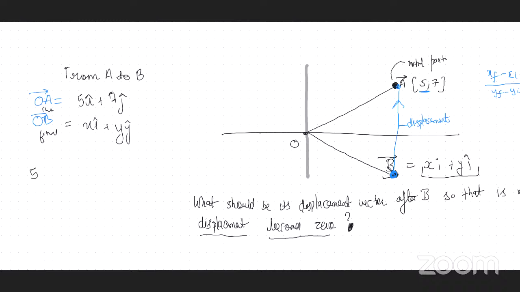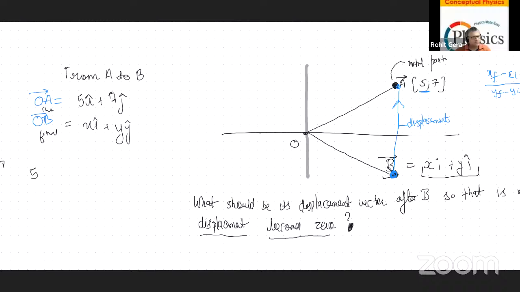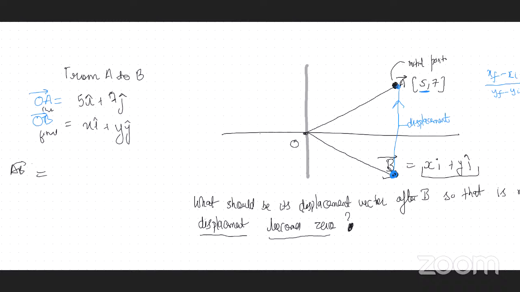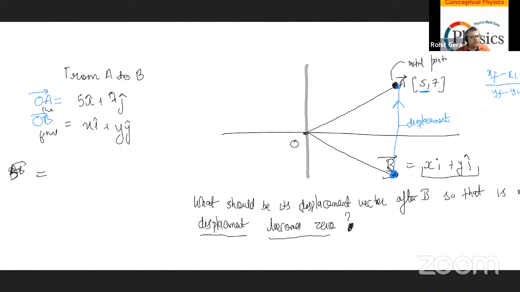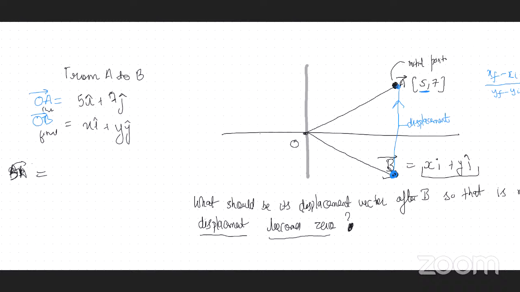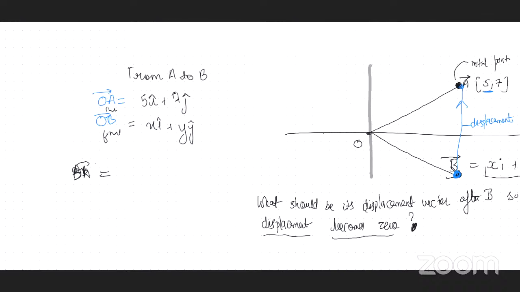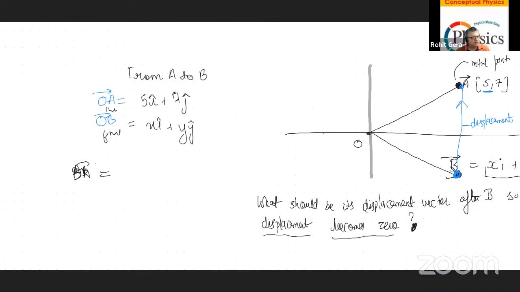Wait, let me. What is final minus initial? Where have you written final?